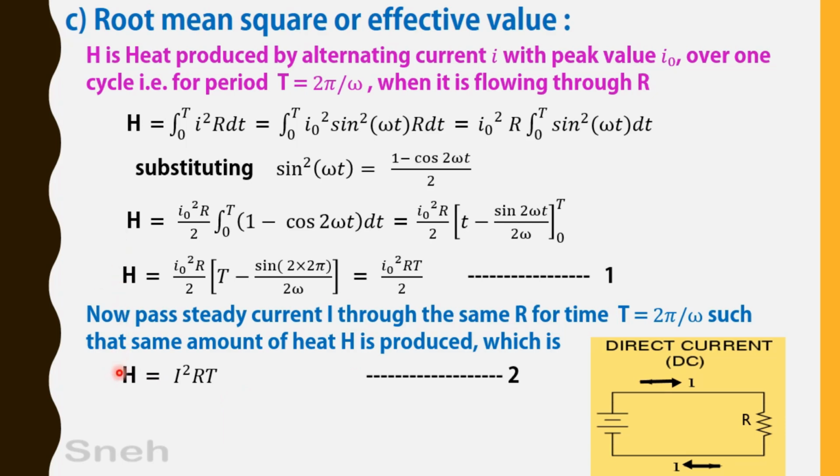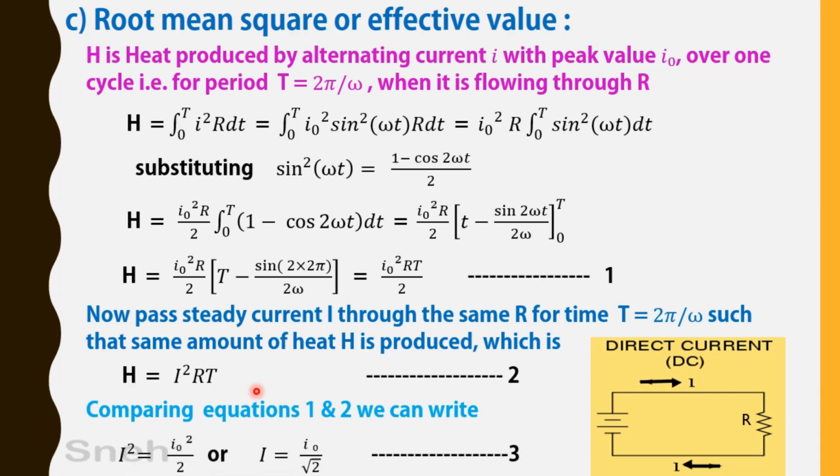Heat generated is the same. As heat generated is the same, the left hand sides of equation 1 and 2 are the same. As left hand sides are the same, we can equate their right hand sides. If we compare these two equations, RT will get cancelled, and what is left? I square is equal to I0 square by 2.